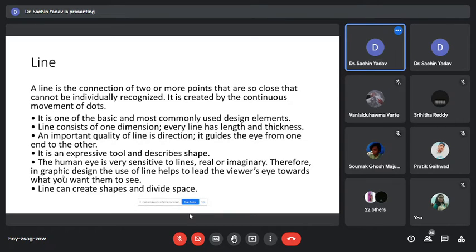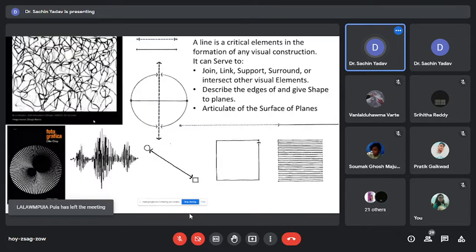So you can see the example of different lines. This corner photograph is the cover of the magazine.